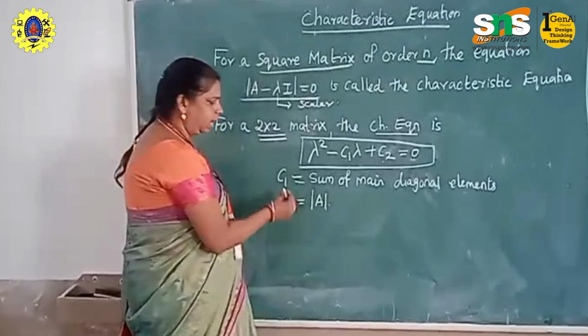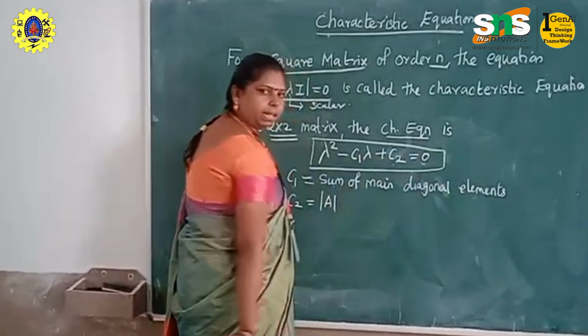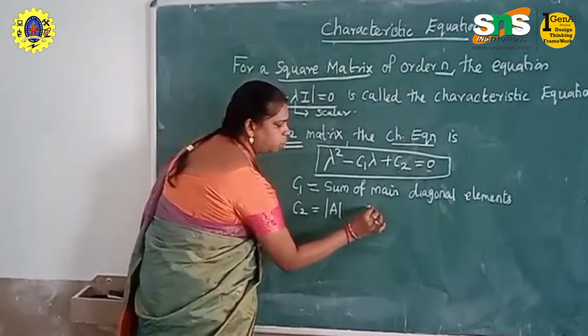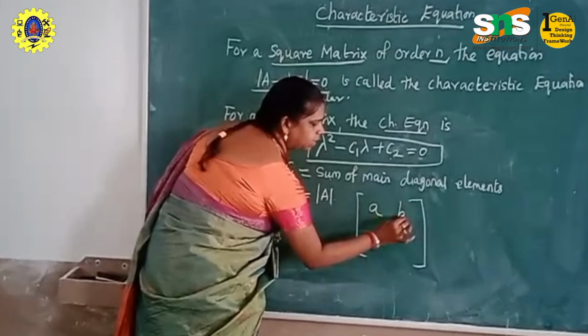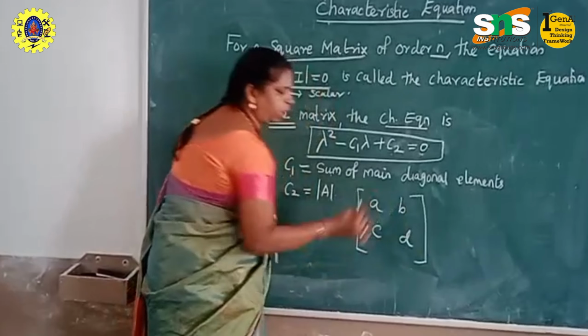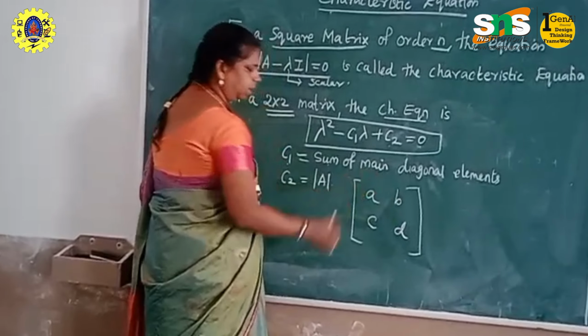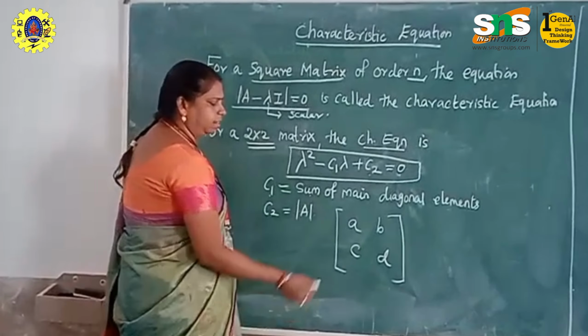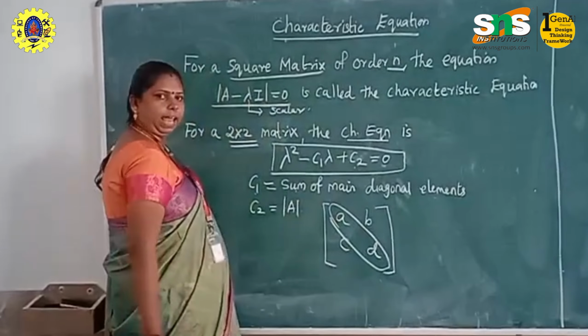C1 is nothing but the sum of the main diagonal elements. Suppose you take a matrix like this. We have to consider a 2 cross 2 matrix. So for example, I'm taking the matrix A, B, C, D. The sum of the main diagonal elements, A and D. This is the main diagonal.